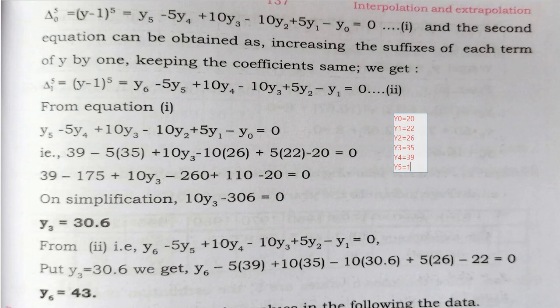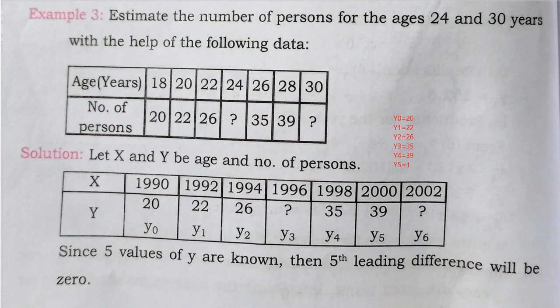All these values I will get from here: y0 is 20, y1 is 22, y2 is 26, and y3 and y4 we have to identify.